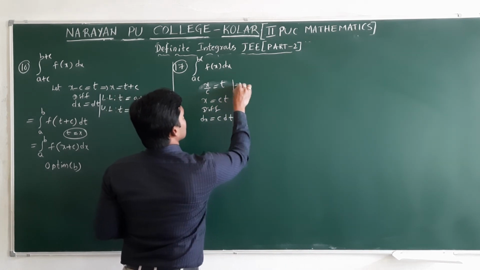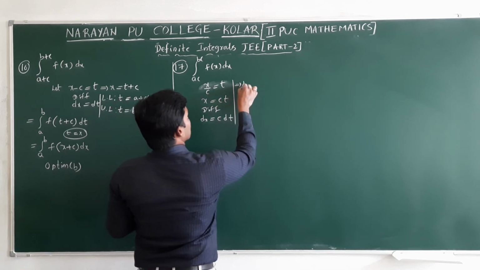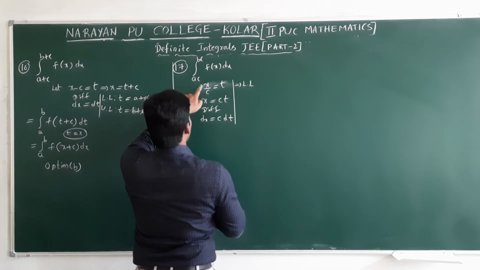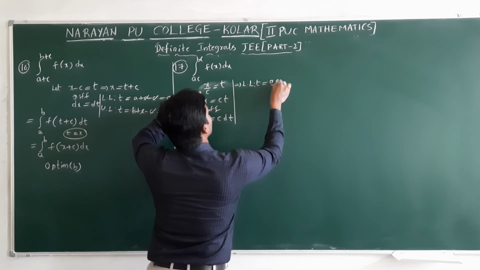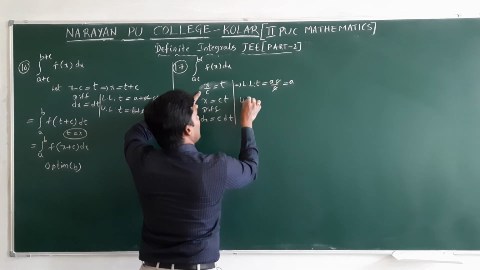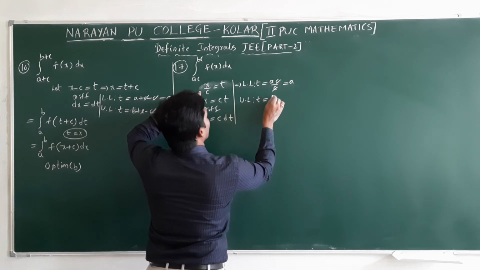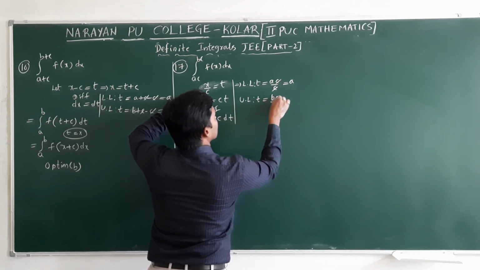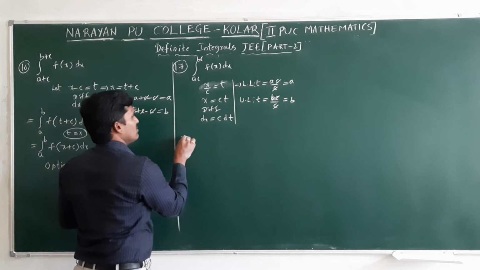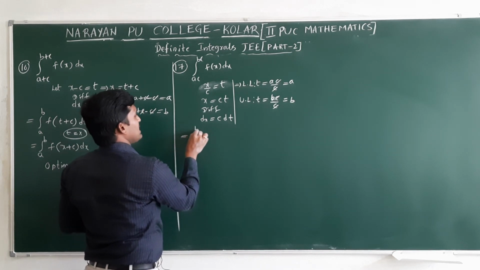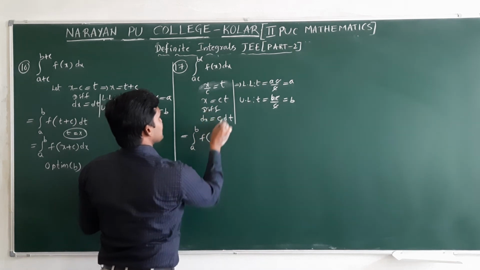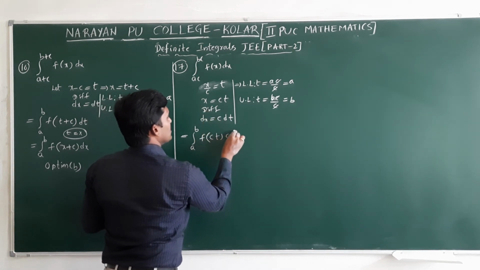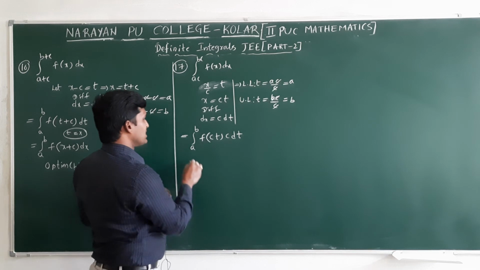Now we have to change the limits. Lower limit, x value, what is there? ac. t equal to ac by c, that is a. Upper limit t equal to bc by c, that is b. Now integral a to b, f of x means f of ct, into dx means c dt.